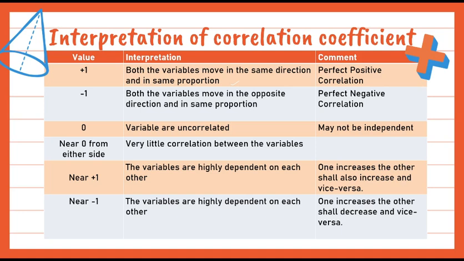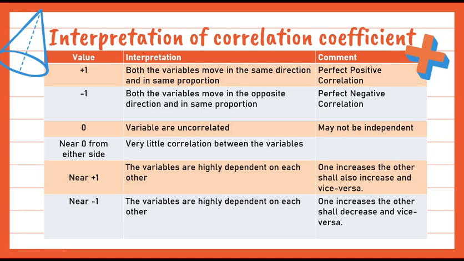But if the value approaches 1, say 0.8, 0.82, 0.95, 0.93, in that case there is a high correlation between the variables x and y. That means the variables are highly dependent on each other. If one increases, another is also supposed to increase, and if one decreases, another is also supposed to decrease if the correlation is very close to +1.